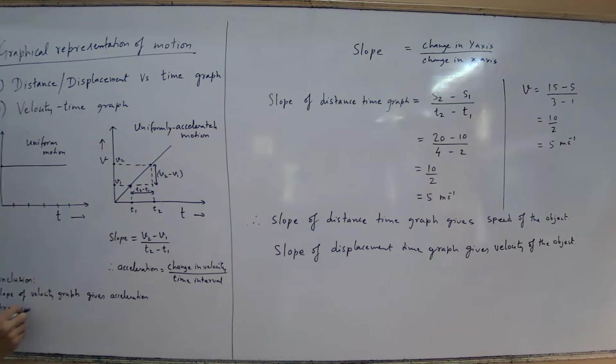Area under velocity time graph gives displacement of the object in the given time.